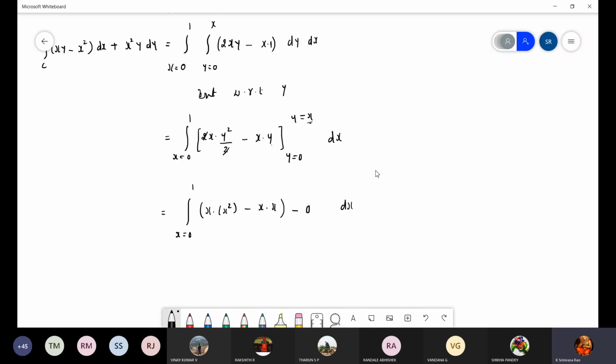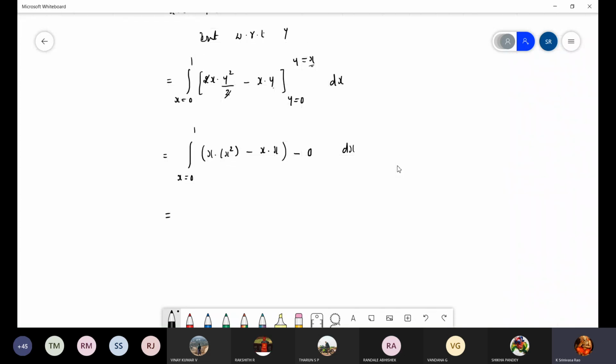One more step: the integral from x equals 0 to 1 of x² into x, which is x³, minus x². This I have to integrate with respect to x.